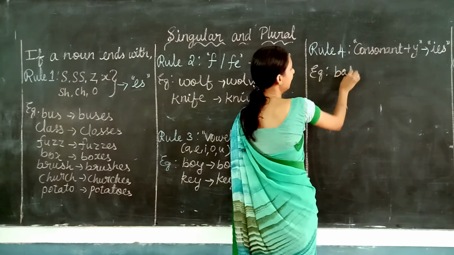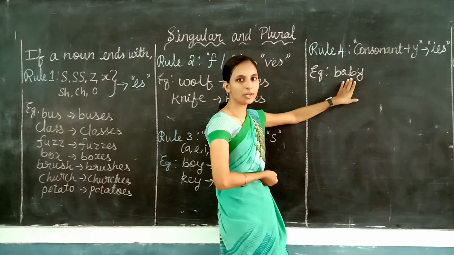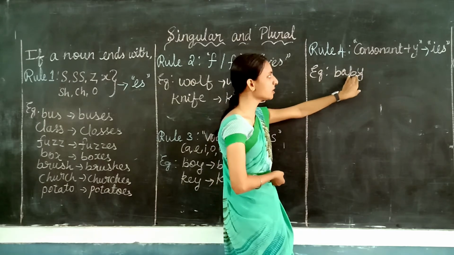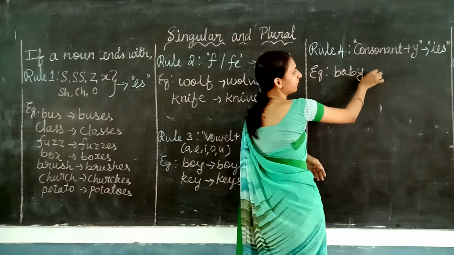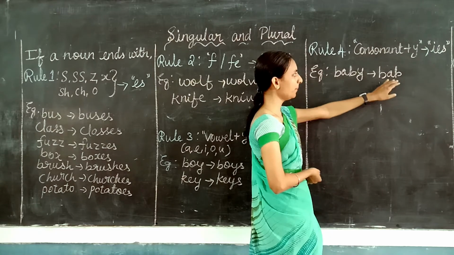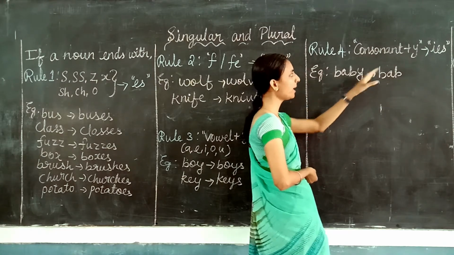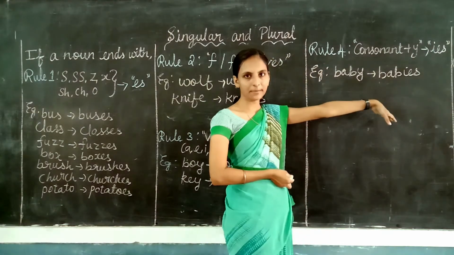That is baby. Here, before y there is a consonant. So if a noun ends with consonant plus y, there I am going to remove this y. B will come as it is. Instead of y, I am going to add ies. So baby will become babies.